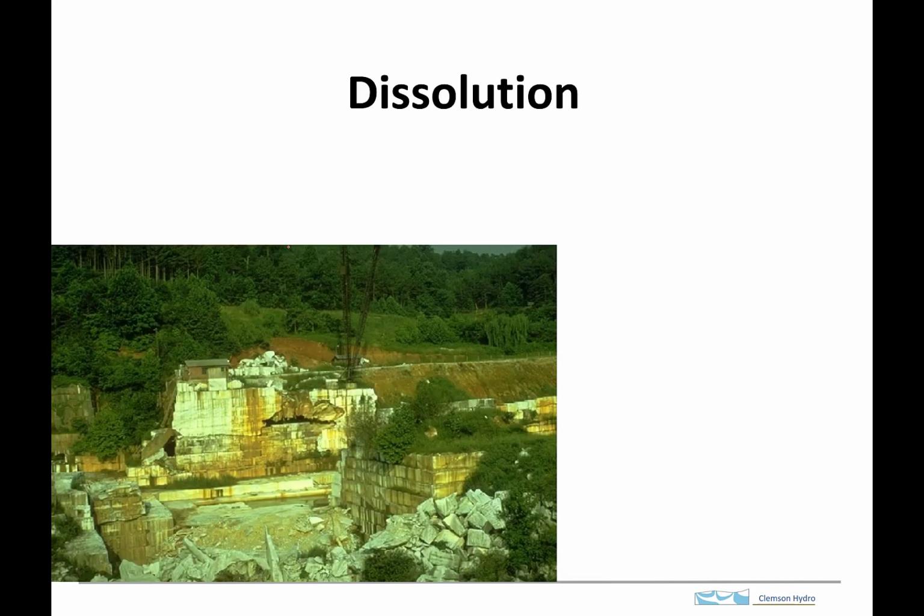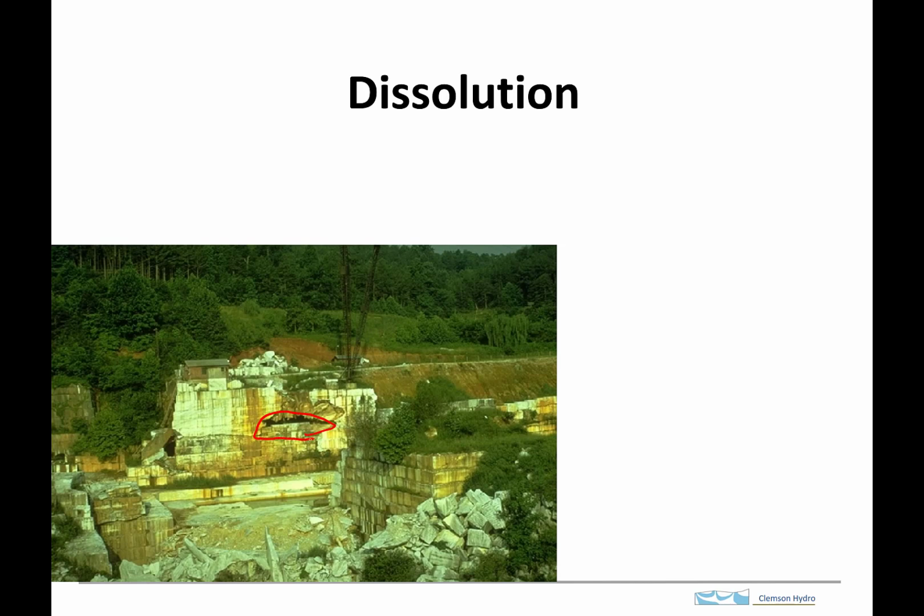Okay, so dissolution is going to be important at shallow depths, but also down in the subsurface in karst areas. It'll be an important component of the hydrogeologic system. This is a picture of a quarry in the Paleozoic limestones in the mid-continent, and you can see that dissolution feature there. The limestone is being quarried.